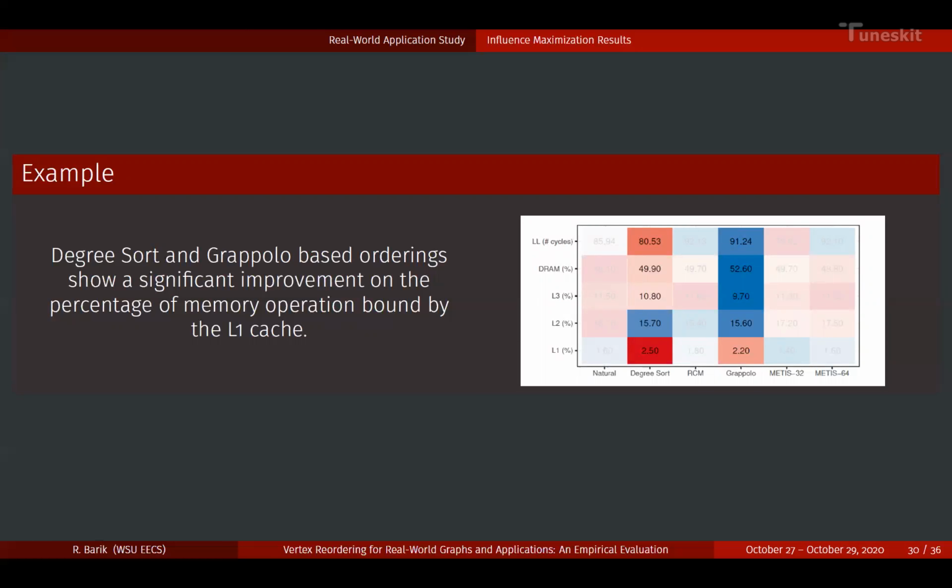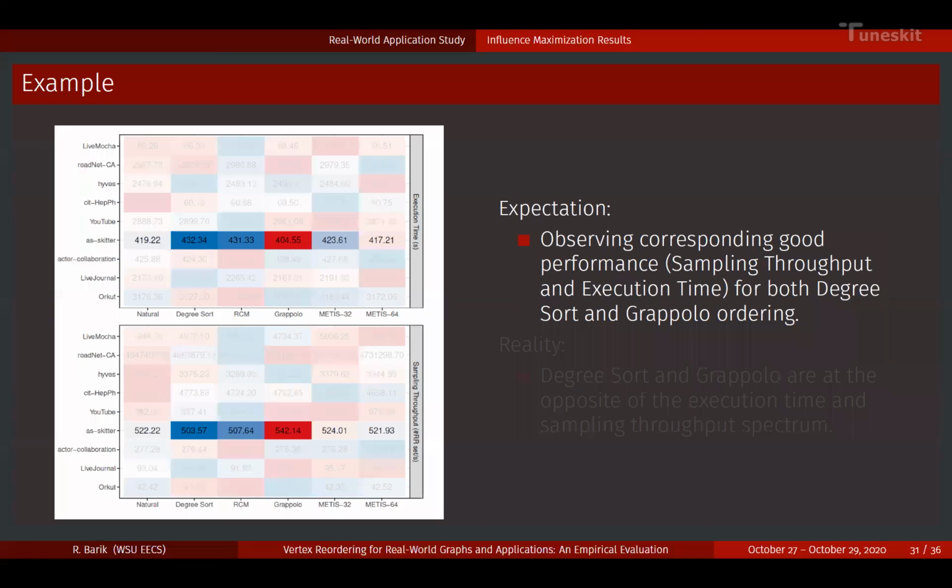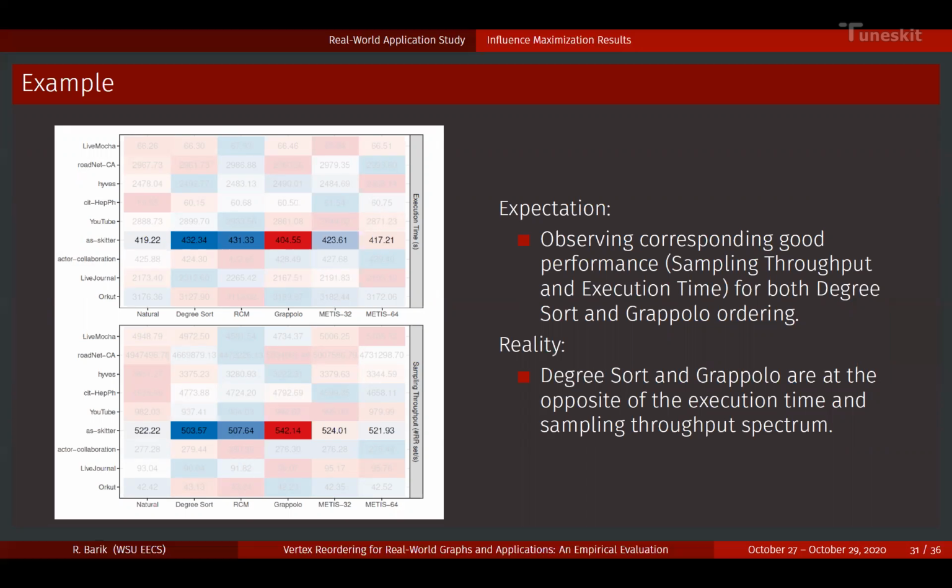But when we look at the throughput and execution time for these two orderings, the top one is execution time while the bottom one is the sampling throughput. And we look at the highlighted row, which corresponds to the skitter graph. We see that Grappolo and degree sort are on the opposite ends of the spectrum.